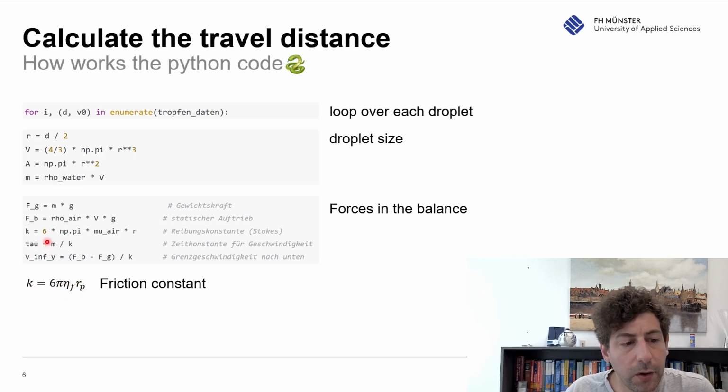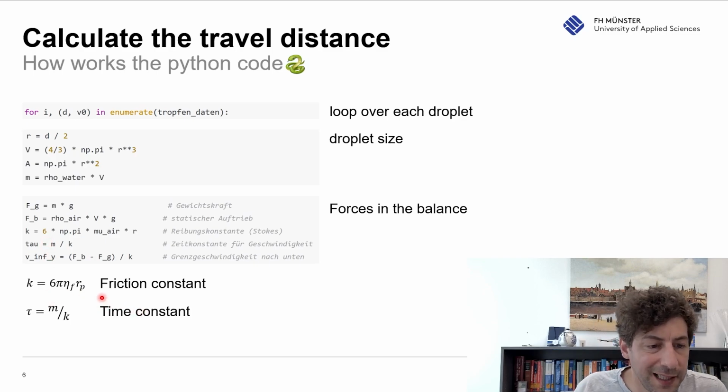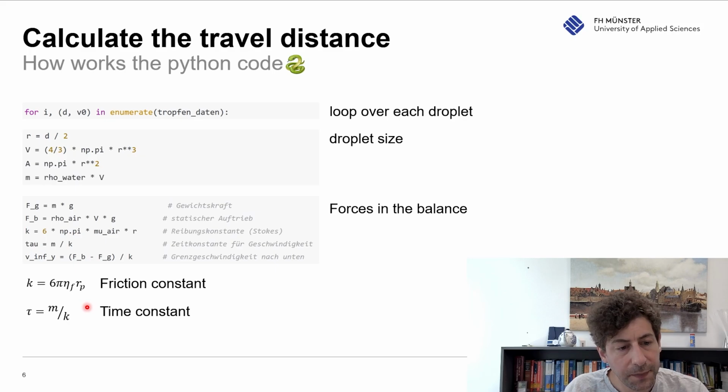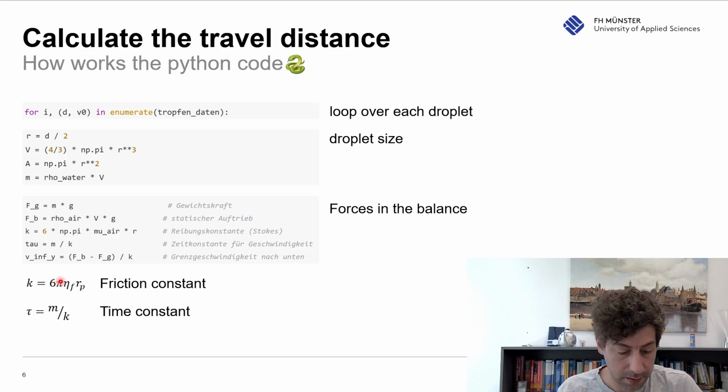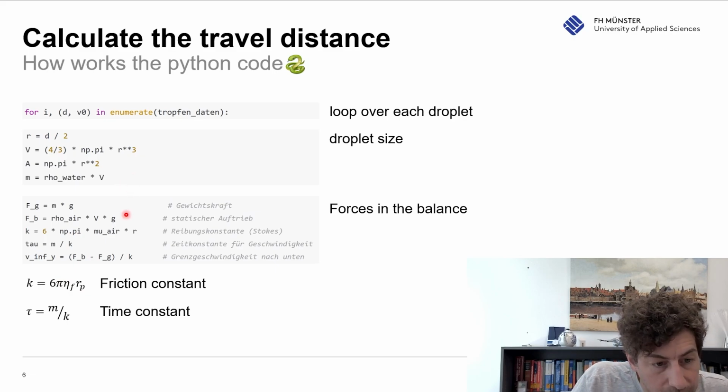And then we have something called a time constant, and this time constant is the mass of the droplet, which we calculate here, divided by K. Okay, and this is the ratio of the mass and the friction. If we look at the units, the friction constant has a unit of kilogram per second.